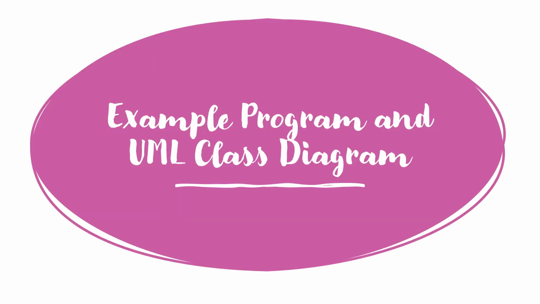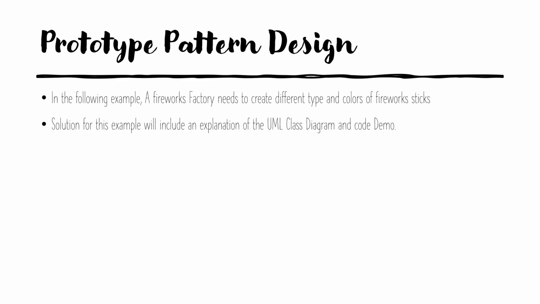This is an example of a UML class diagram. In the following example, a firework factory needs to create different types and colors of firework stick. The solution for this example will be included in an explanation following this slide for the UML class diagram and for the code demo.